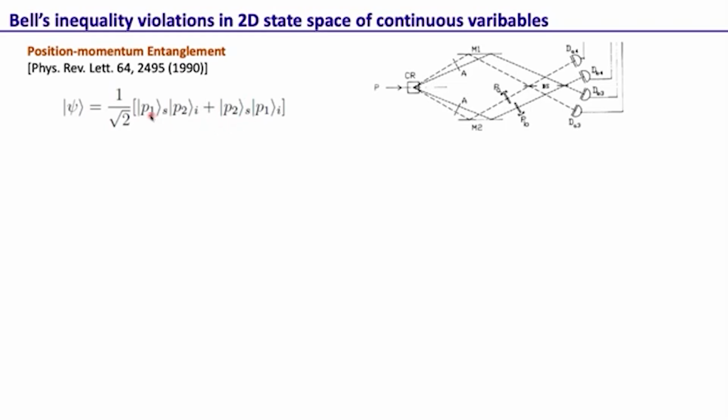This means if the signal photon goes in this direction with P1, the idler goes in this direction with P2, or if the signal photon goes in this direction with P2, the idler goes in this direction with P1. So this was the two-dimensional version. This was a state in the momentum basis, but of just two dimensions, and with this two-dimensional state people also showed the violation of Bell inequality.